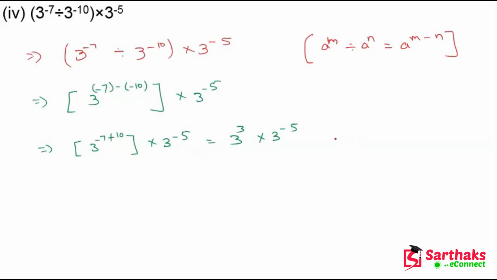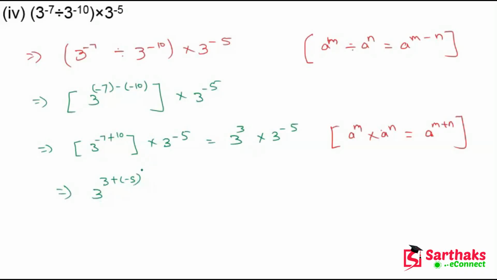Now again we are going to use the law: a raised to power m into a raised to power n, we can write as a raised to power m plus n. If the base is the same, then the powers will be added. So this will become 3 raised to power 3 plus of minus 5.